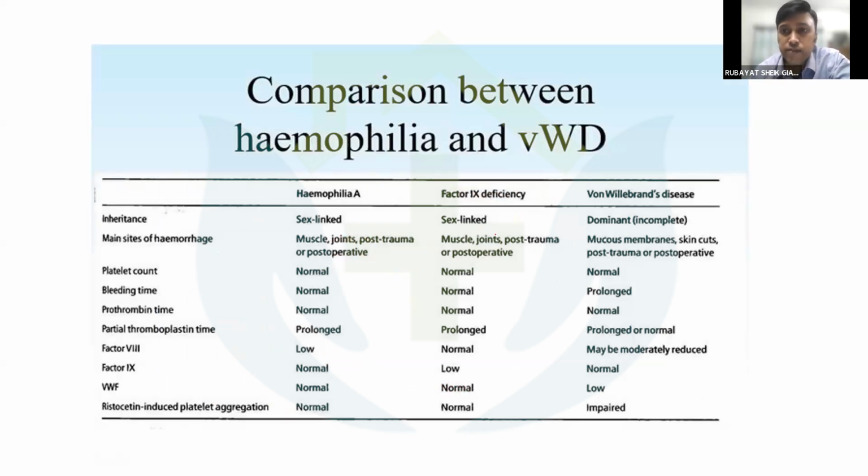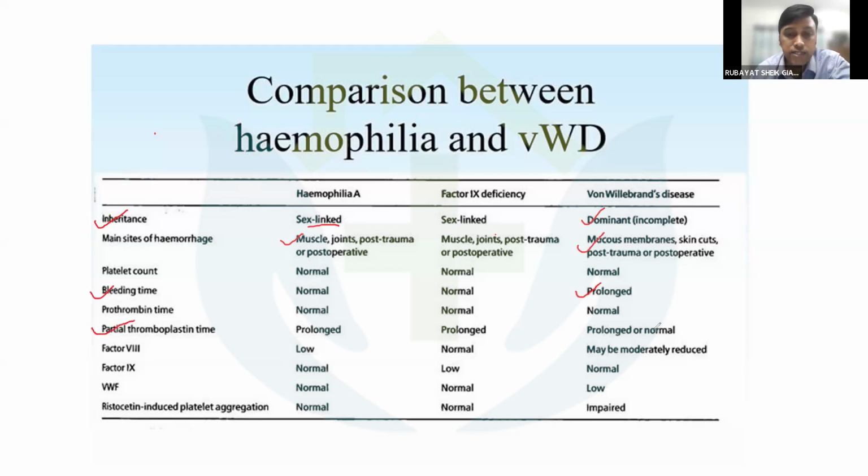If we go through the differences between hemophilia and von Willebrand disease, what are the important points that I told you? Number 1 is the mode of inheritance. Hemophilia is X-linked. This is autosomal dominant. Muscle and joint bleeding is common in hemophilia. Mucous membrane bleeding is more common in von Willebrand. Bleeding time will be prolonged in von Willebrand disease.